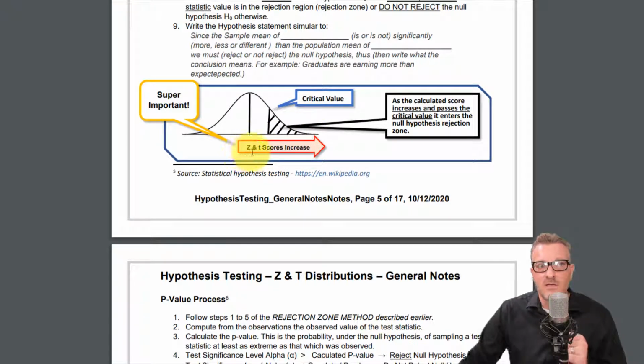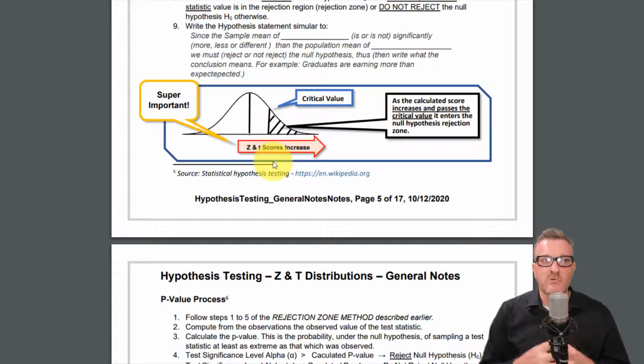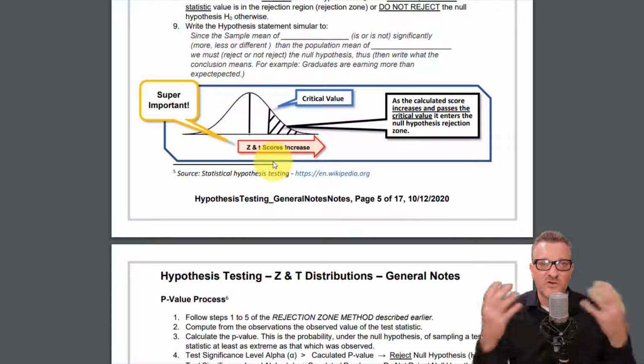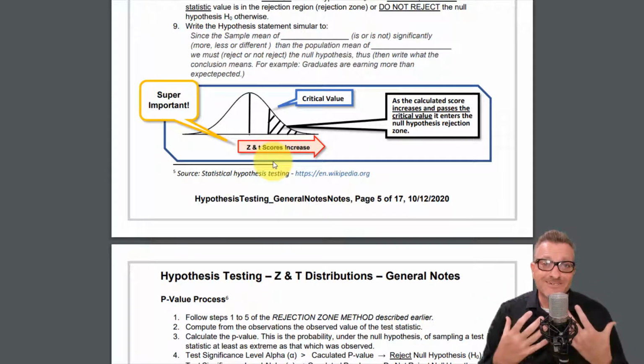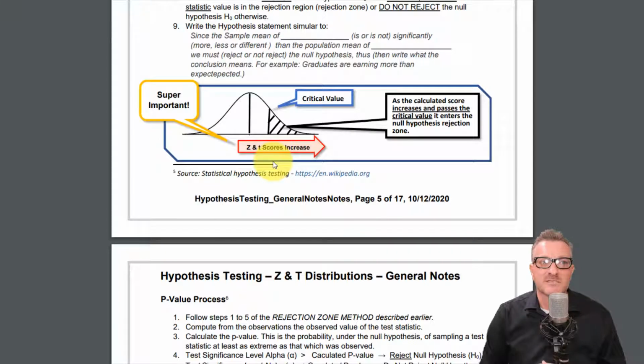Now, the z-scores and t-scores increase because the t-scores and z-scores represent standard deviation, kind of a normalized standard deviation. And so as we move further out, the z-scores and t-scores increase. And that's just the way it works. So they increase as we go out.